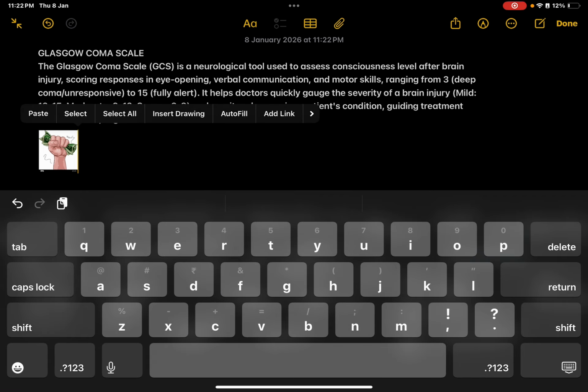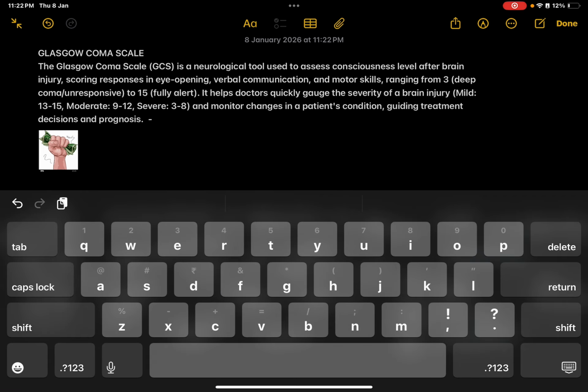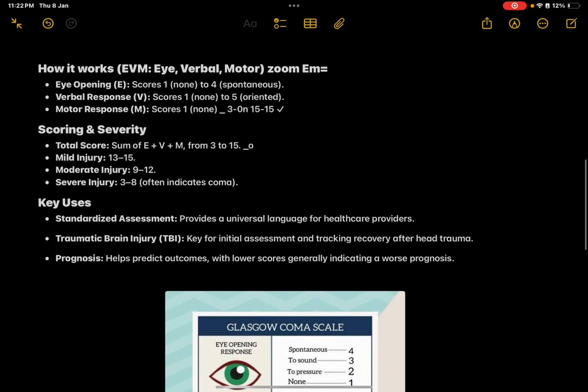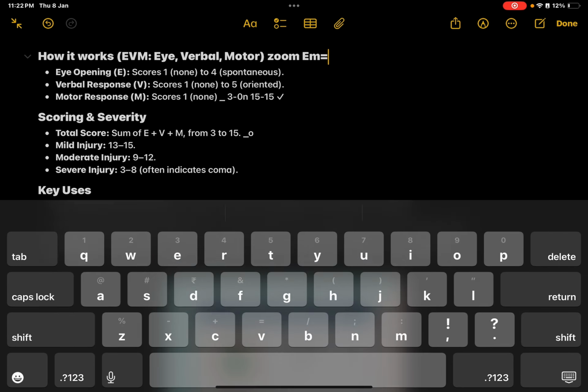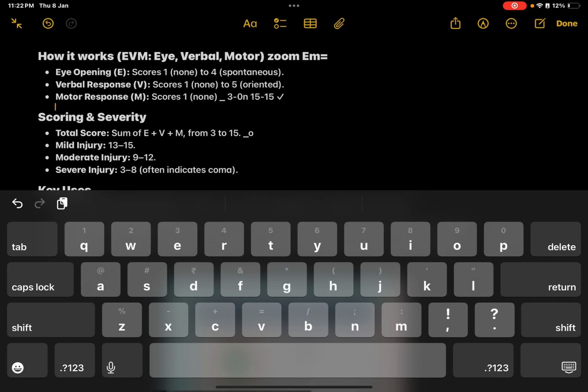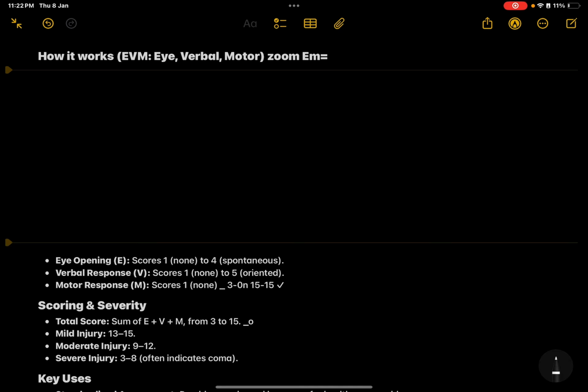Okay, so now moving forward, I just want you all to know what the GCS scale is and how it works. As I told you earlier, there is EVM: eye response, verbal response, and motor response. There are markings for it.